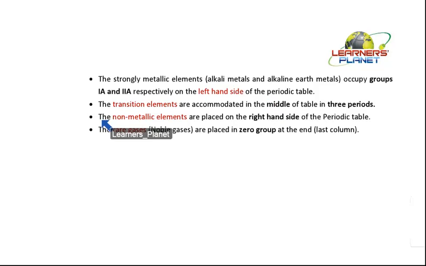The transition elements are accommodated in the middle of the table in 3 periods. The non-metallic elements are placed on the right hand side of the periodic table. And the last, the rare gases, are placed in the 0 group at the end. Now let's see how the periodic table looks.